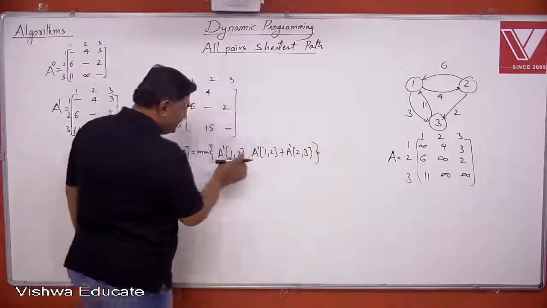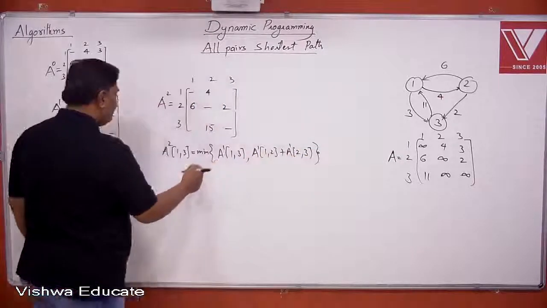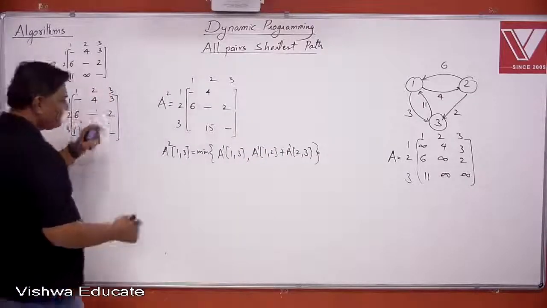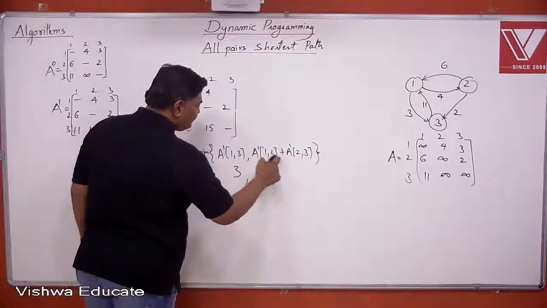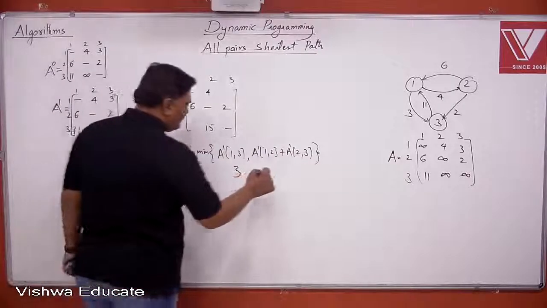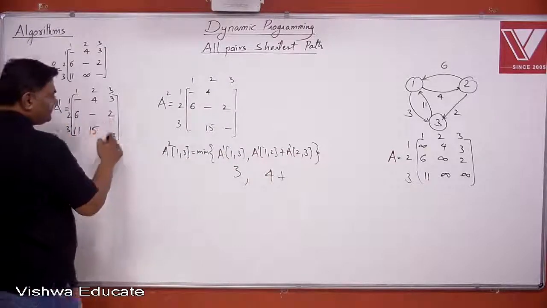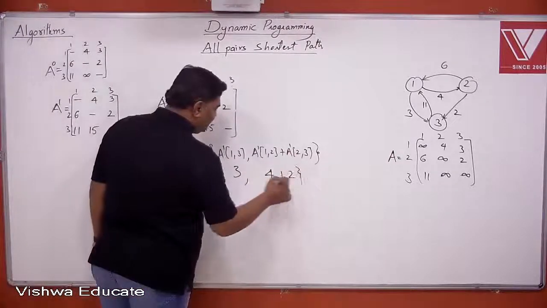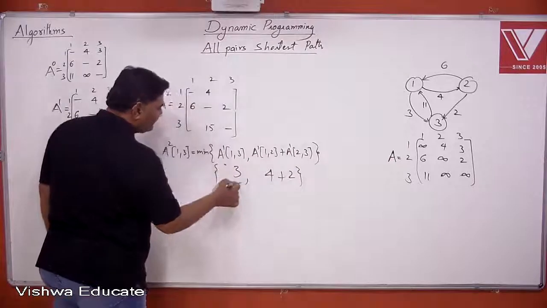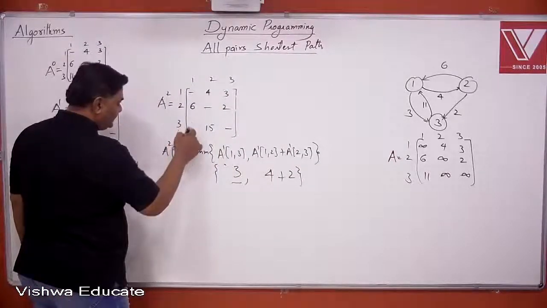So in between 1 and 3 you have to insert 2, 1 to 2, 2 to 3. What is the value of 1 to 3? 1 to 3 is 3, and 1 to 2 is 4, plus 2 to 3 is 2. So which is better? 3 is better. So take 3.